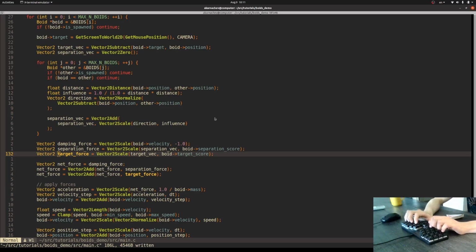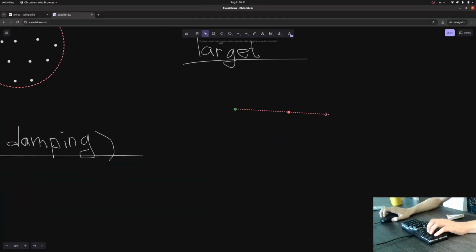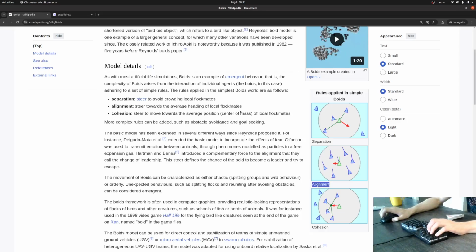Okay. Now let's maybe introduce the next force. Let's maybe introduce cohesion, the tendency of boids to form groups in the space.